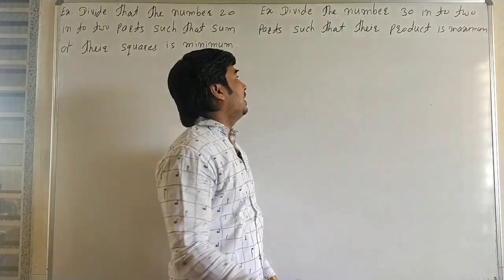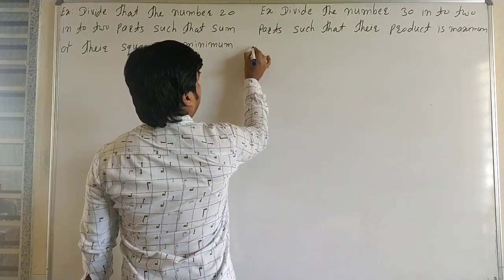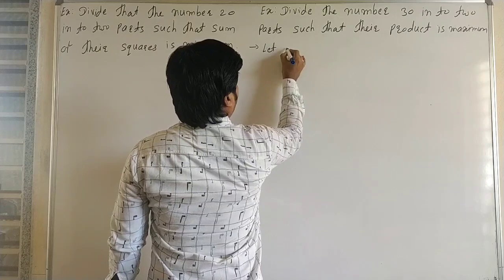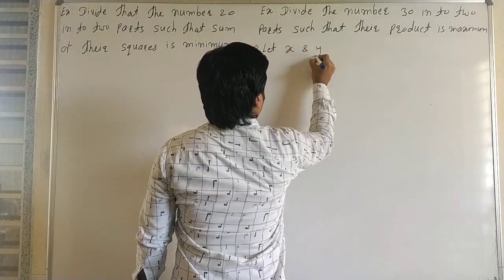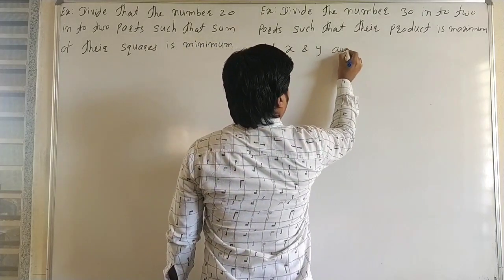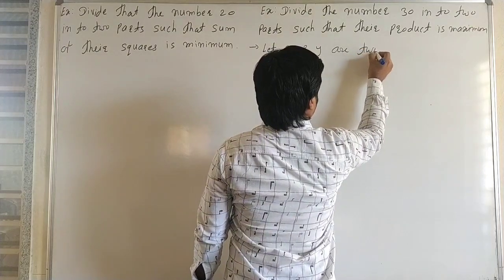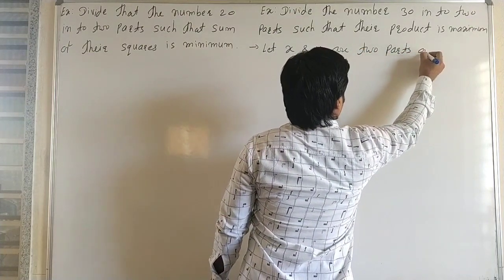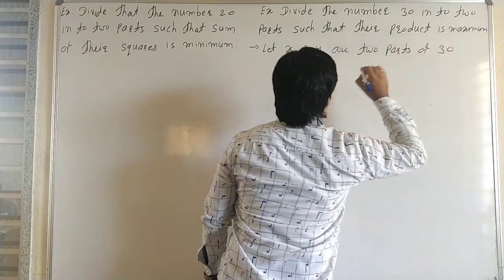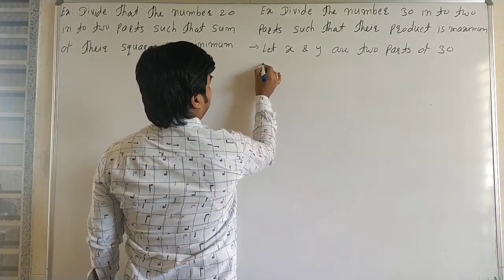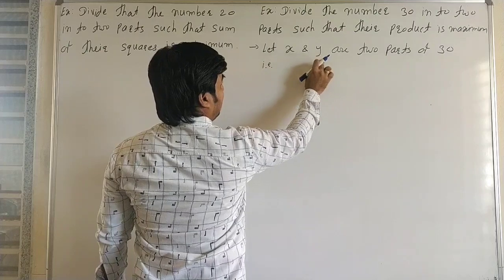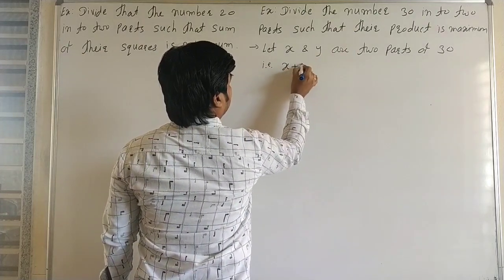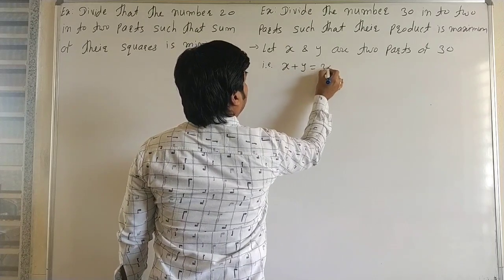Let x and y be two parts of the number 30. Therefore, x plus y is equal to 30.